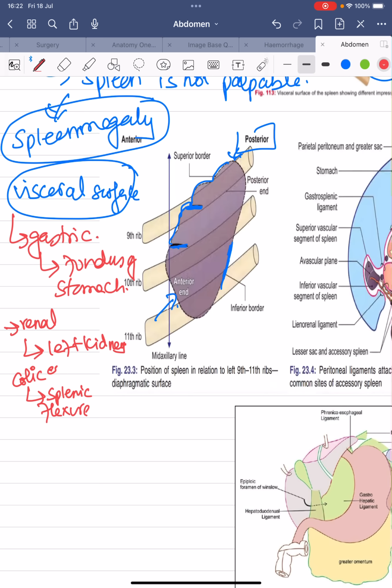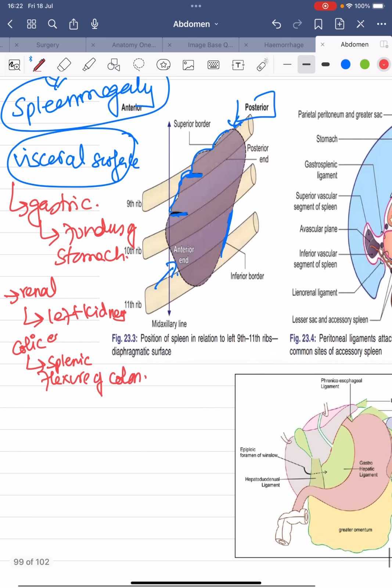And the pancreatic impression, which is from the tail of the pancreas. Please remember, the pancreatic impression is for the tail of the pancreas, which lies between the hilum and the colic impression. So these are some points.